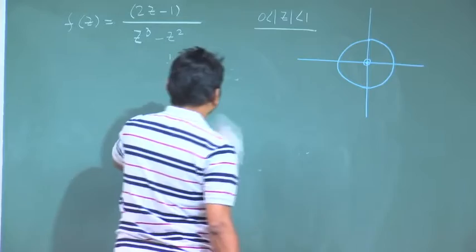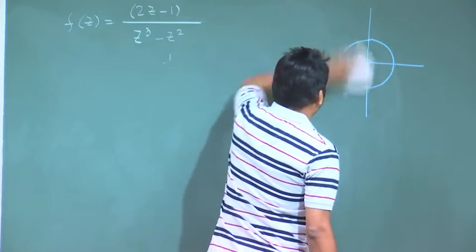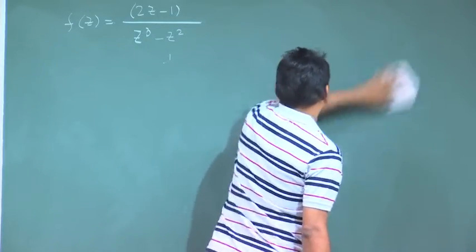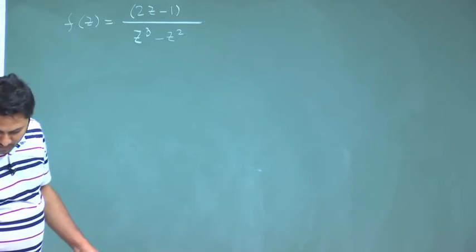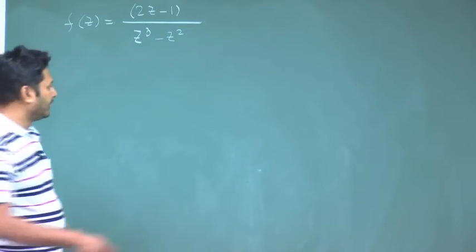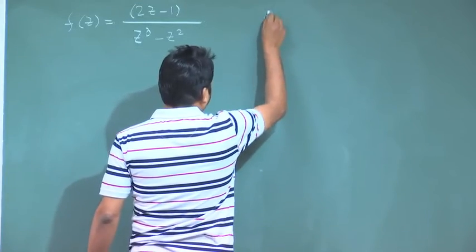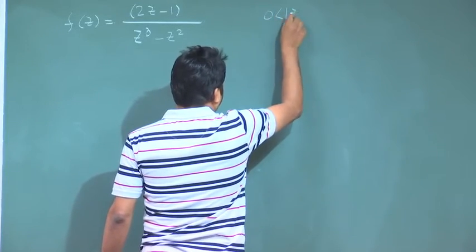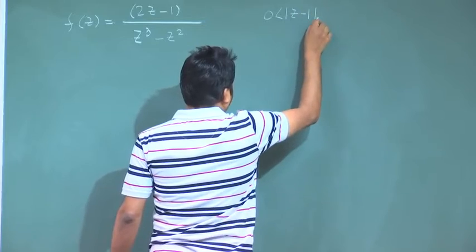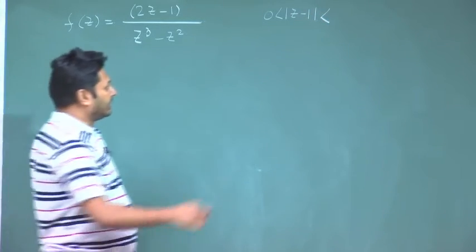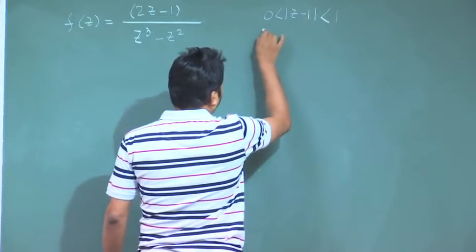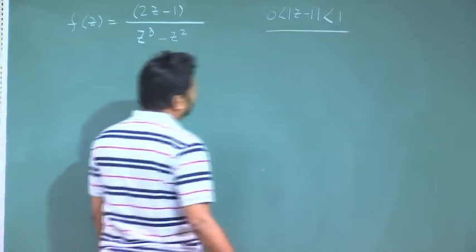Now, I am going to change the region and then try to find out what is happening. So, next, the same function, but now the region has been changed. It is mod of z minus 1 greater than 0, less than 1. This is the problem in our hand.